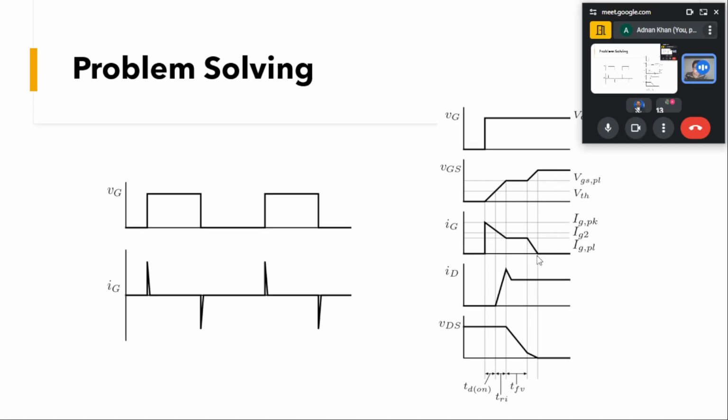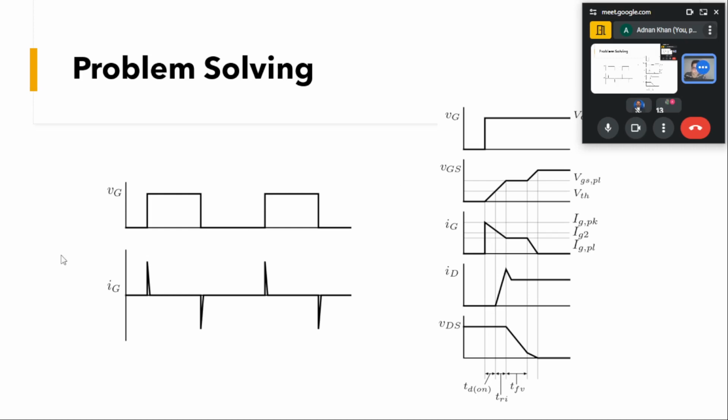The IG current is a very small portion of the total time our device is turned on. If you are switching at 100 kilohertz, that is around 10 microseconds, and usually the turn on and turn off time is in nanoseconds. So it is a very small fraction.